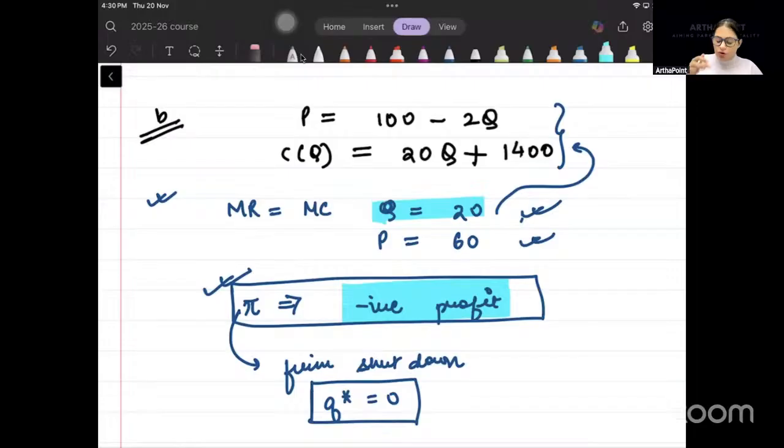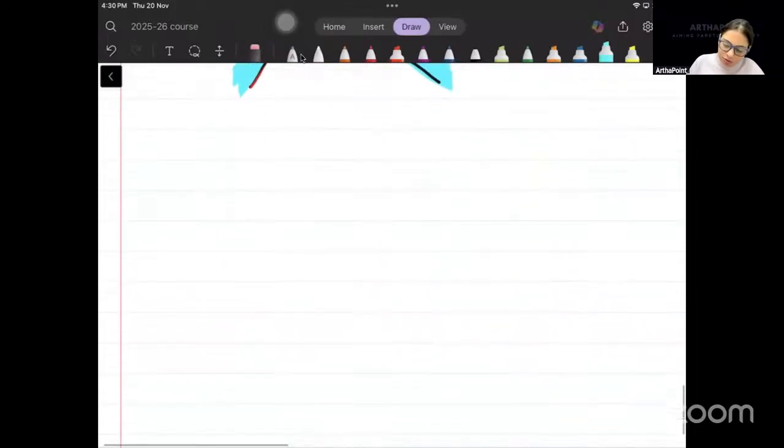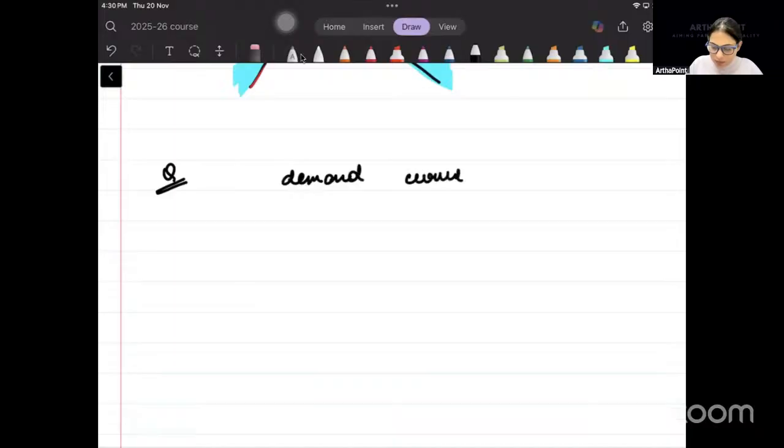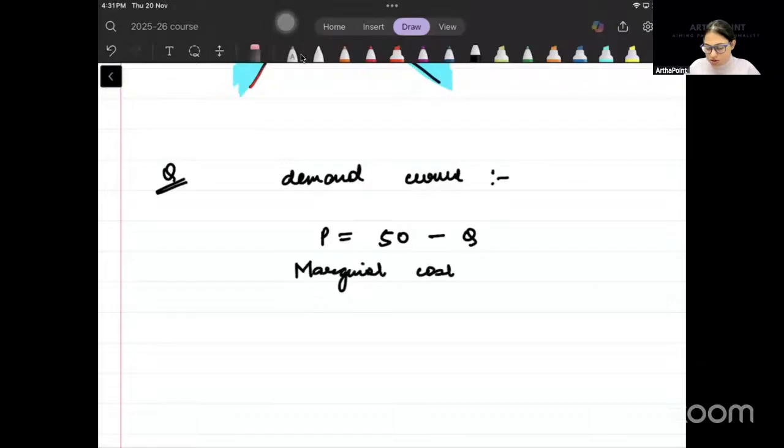अच्छा चलो एक और देखते हैं अब. तो let's say you are given a demand curve. और डिमांड कर्व दिया हुआ है P equal to 50 minus Q. This is the demand curve. Okay, you are given marginal cost as 10.